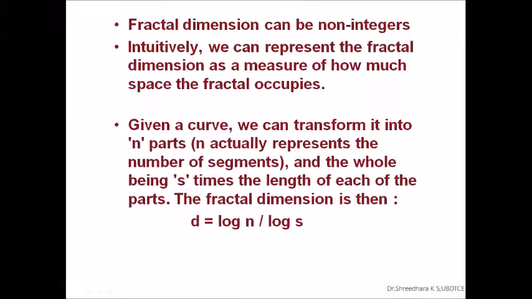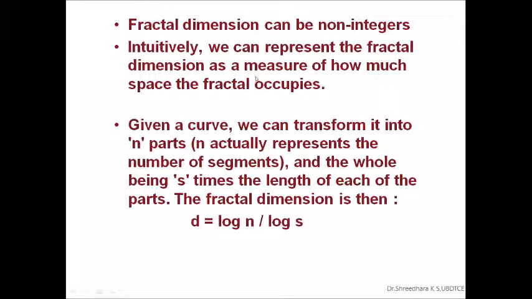So now we will define an interesting dimension called fractal dimension. Dimension need not be an integer value, it may even be a fraction. So fractal geometry comes into the picture, and that dimension is called fractal dimension, which can be a non-integer value.